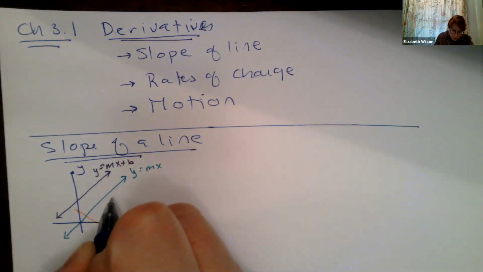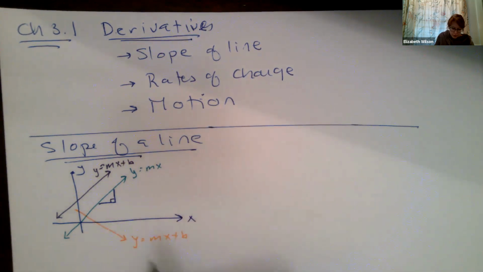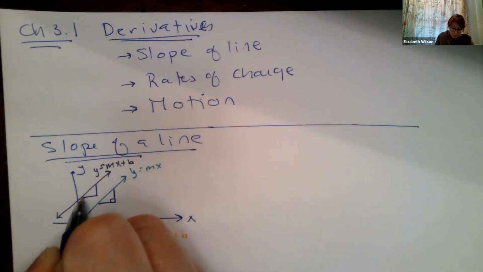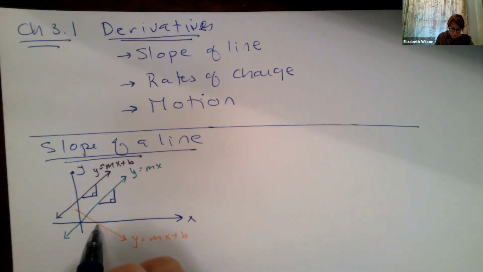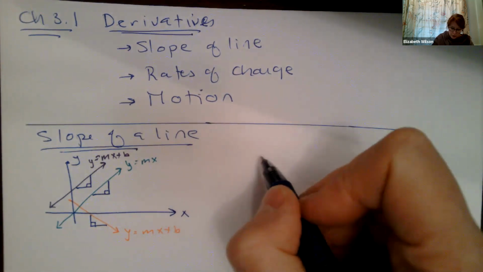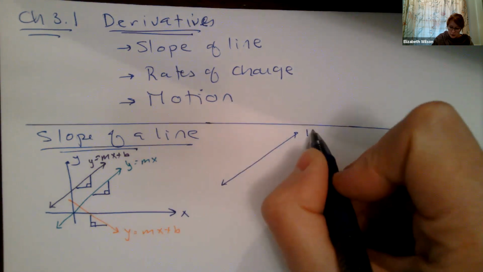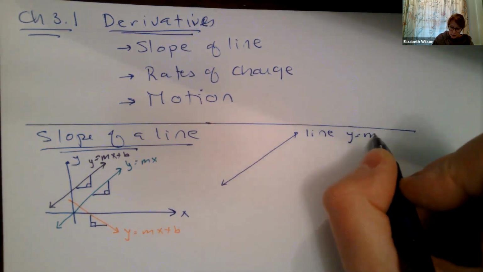The slope is basically like, I'm going to draw a right triangle right here. These are all slopes, right? They're all a way of taking a look at a slope. So here's my line again. I'm going to take it out of context and draw it here. Here's my line, y equals mx plus b.